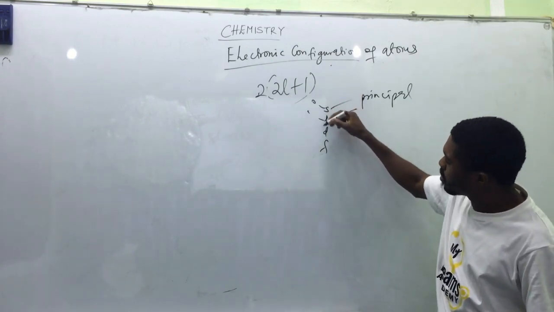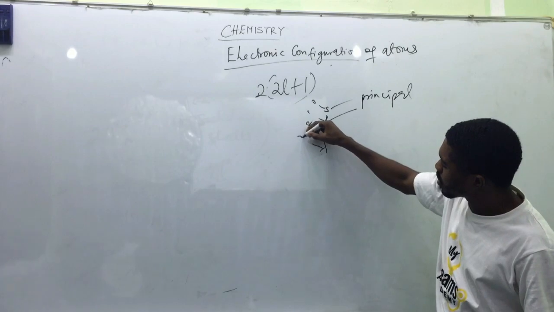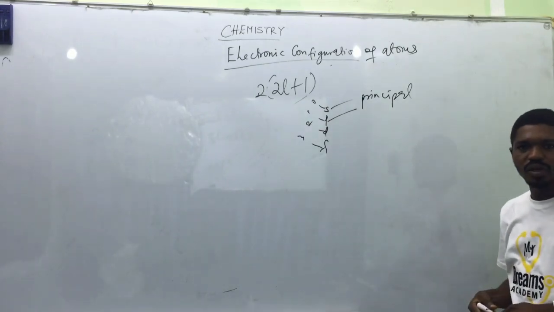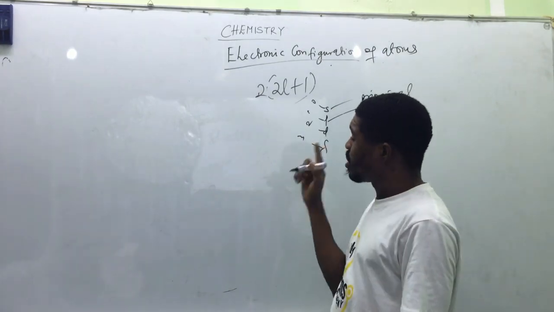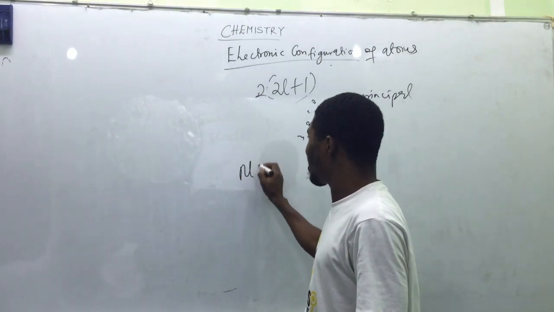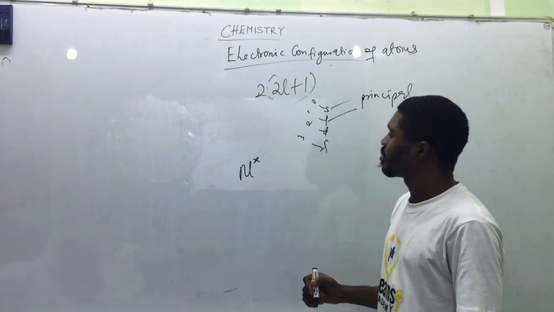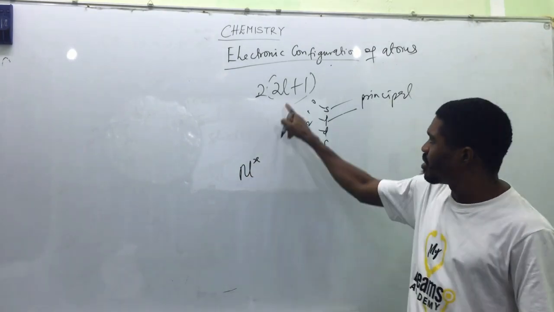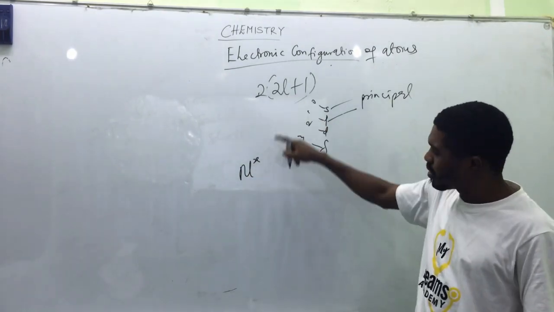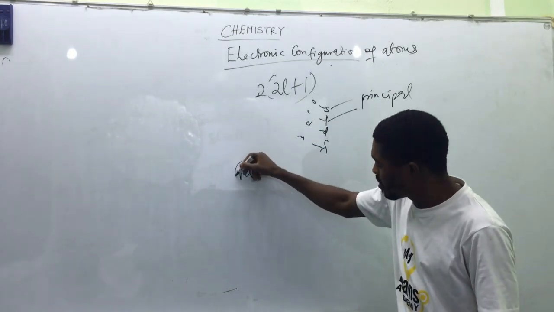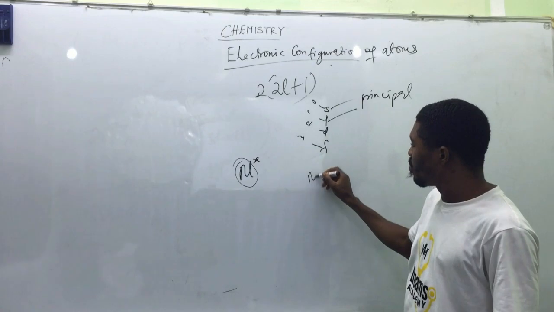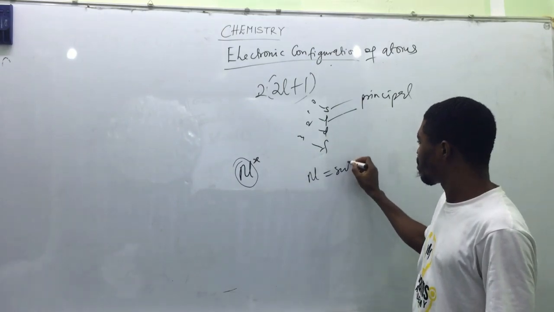This one is 1, this one is 2, this one is 3. Now the notation for electronic configuration is nl^x. This l is the azimuthal quantum number, and x is the number of electrons occupying it, where the whole of this is a subshell.